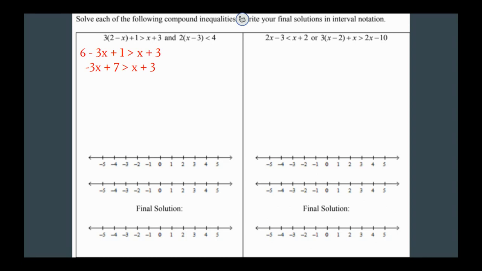You add your 3x over, subtract 3: 4 is greater than 4x. Divide both sides by 4. You'll get 1 is greater than x, or x is less than 1.